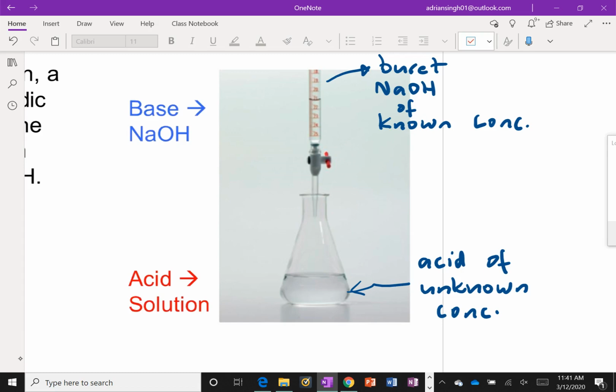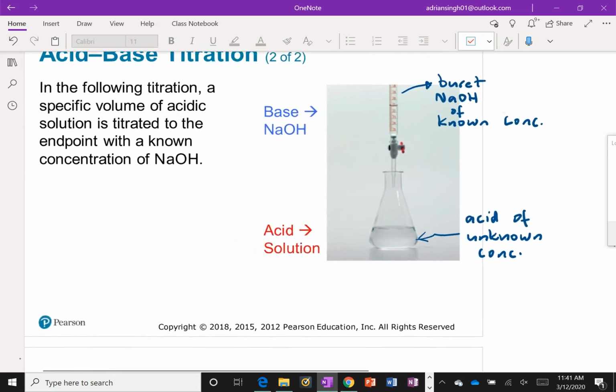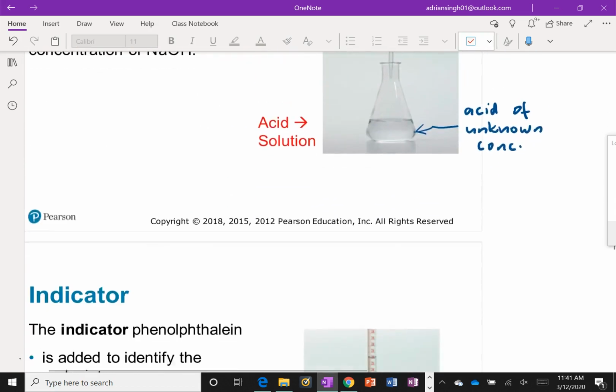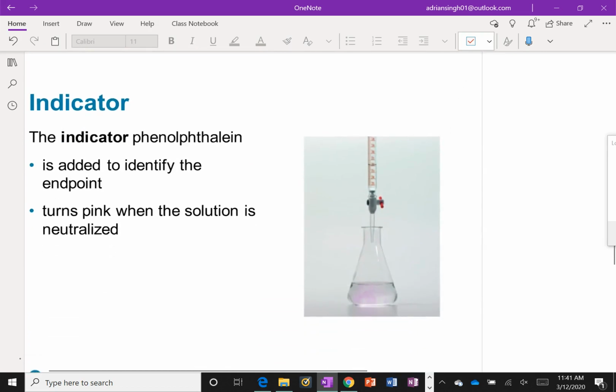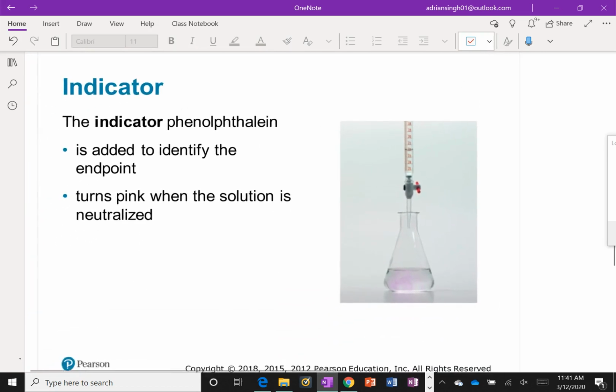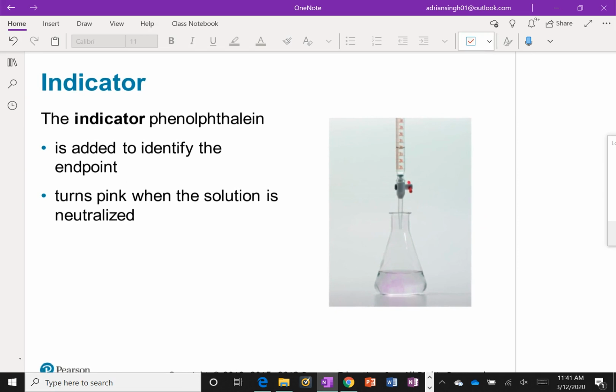So how do we know that the acid is going to be neutralized? Well, we're going to use an indicator, just like we used in lab, that tells us the pH of the solution. The most common indicator we use in acid-base titration is phenolphthalein, which is added, and the color is going to change.